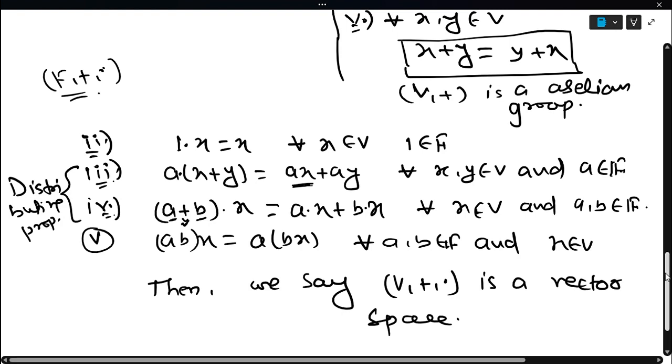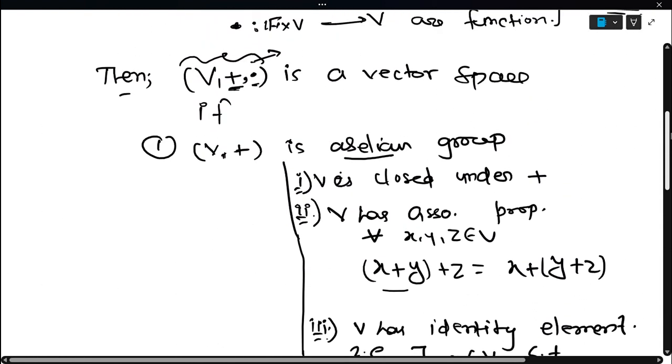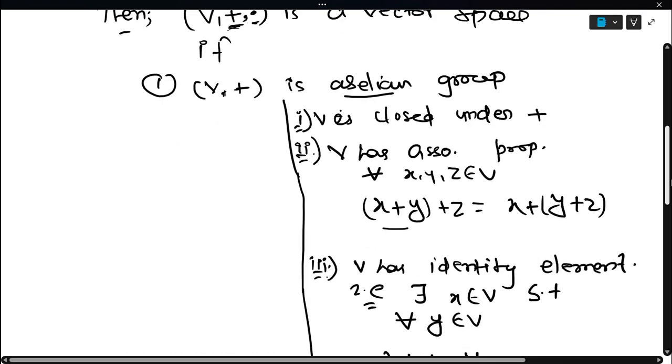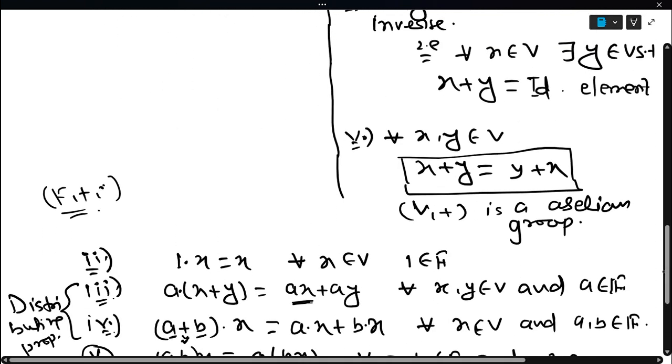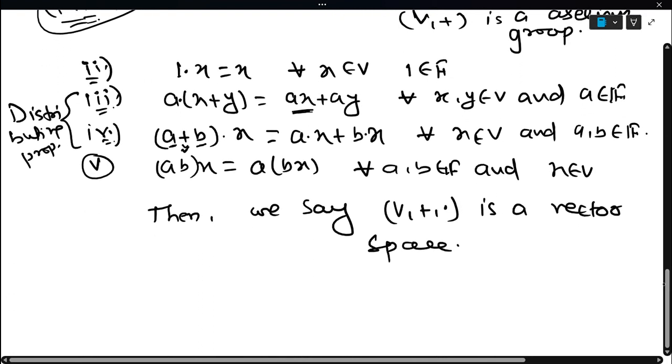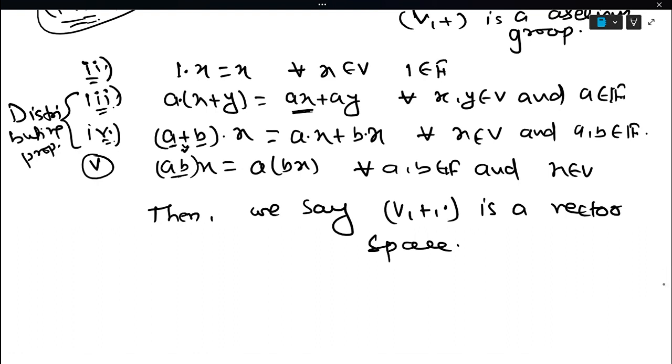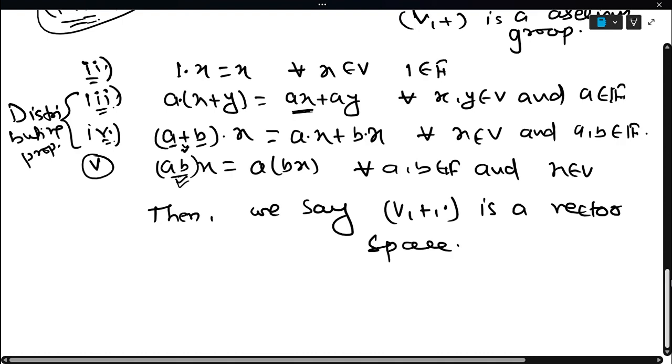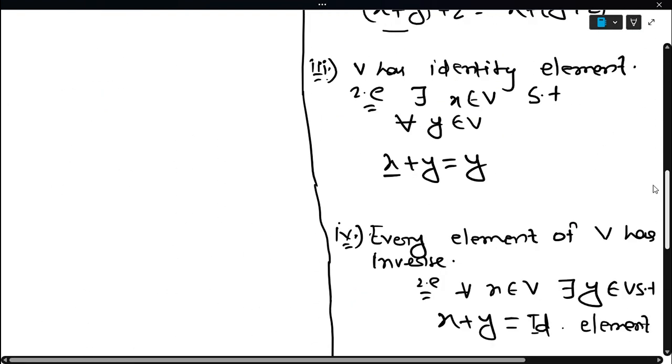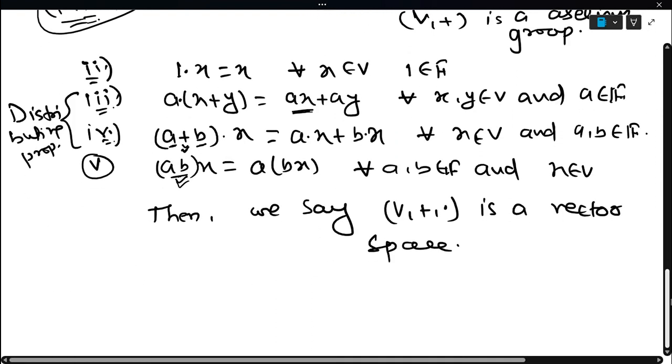This is not the same as the vector space operations. It is a different operation; it may be the same, but that is not always the case. It can be different. So here we have a field operation dot. This should be kept in mind, and the concept should be clear.